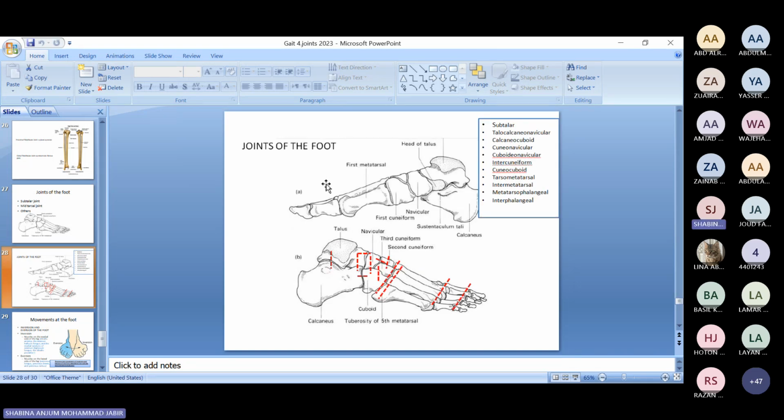Here I would run the slideshow, but I don't think I can. The subtalar joint is the first, which is between the talus and calcaneum.